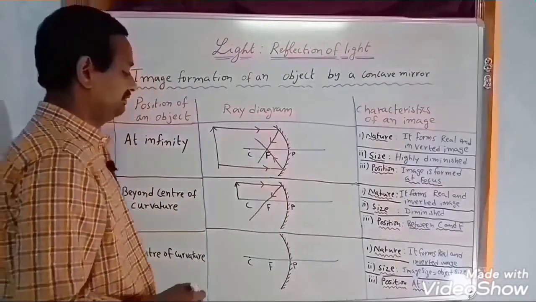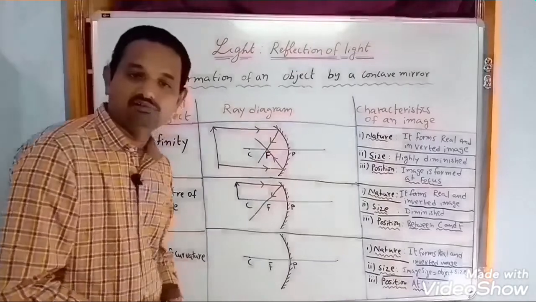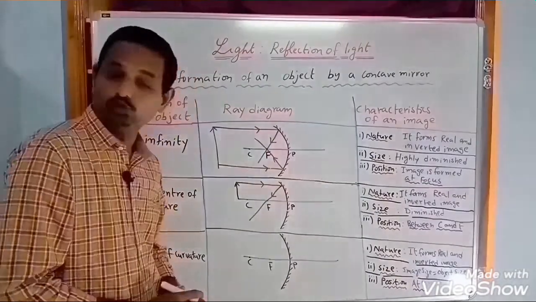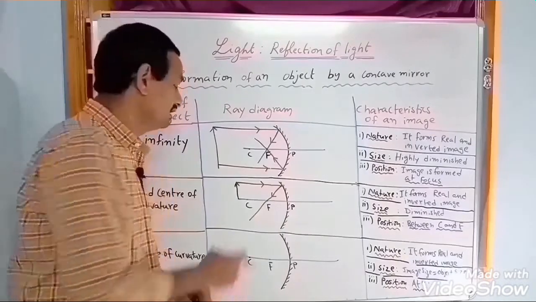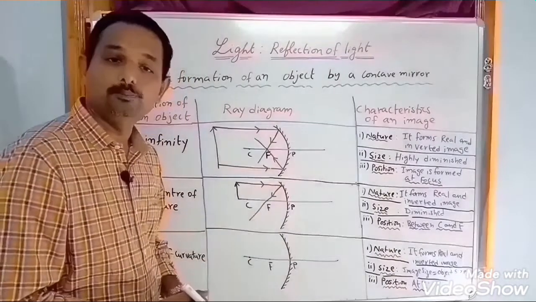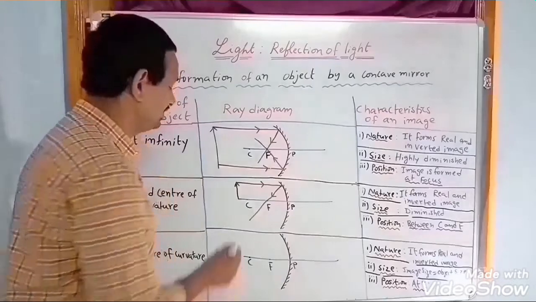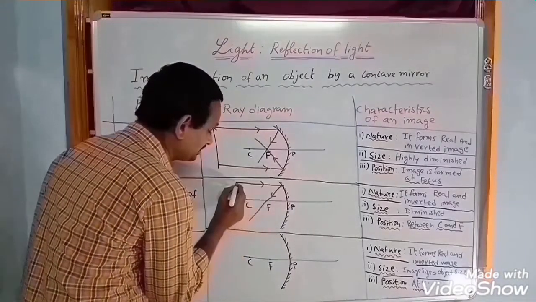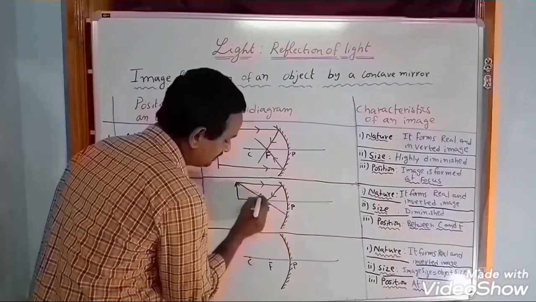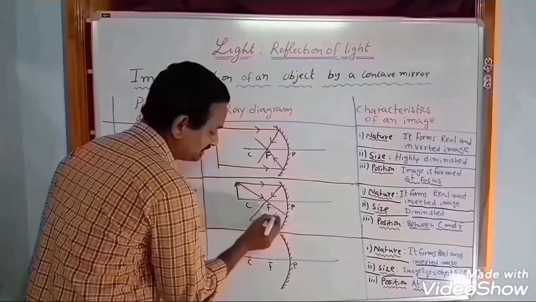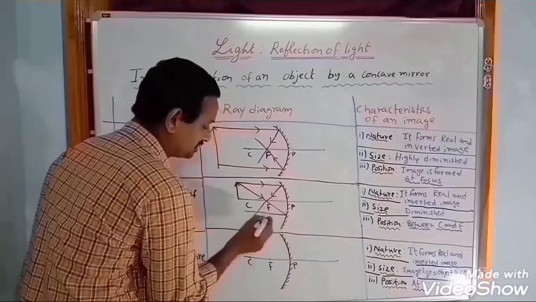Then I will apply rule 2. A light ray passing through the principal focus, after reflection, will go parallel to the principal axis.